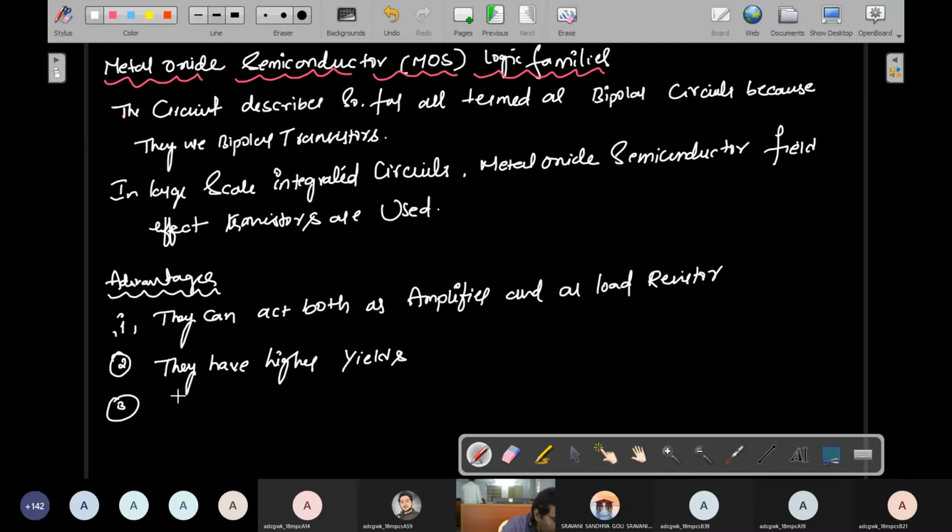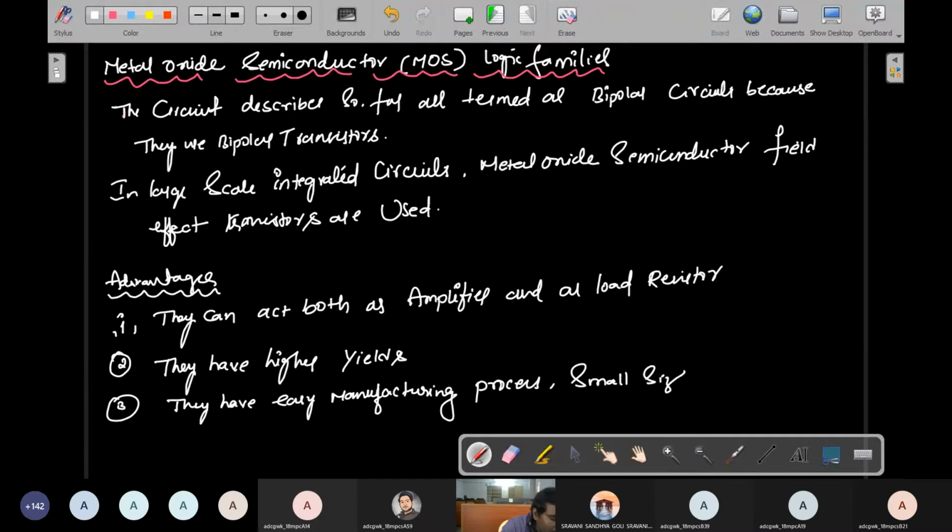The third point is they have an easy manufacturing process, small size and low power dissipation.